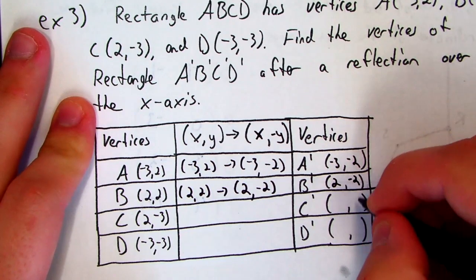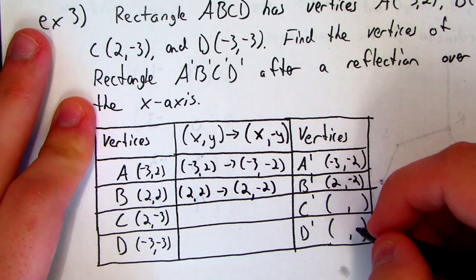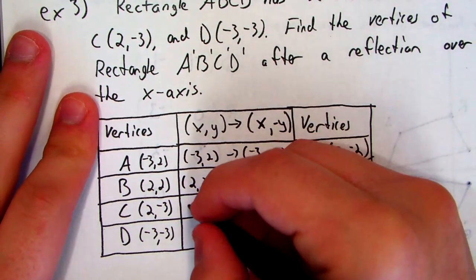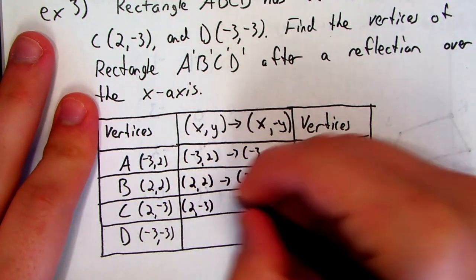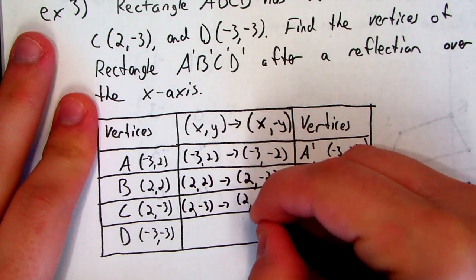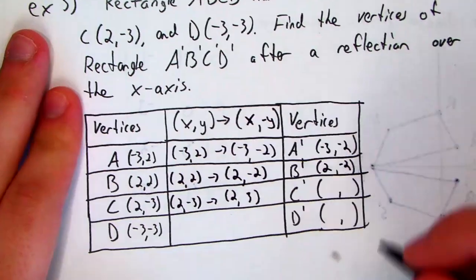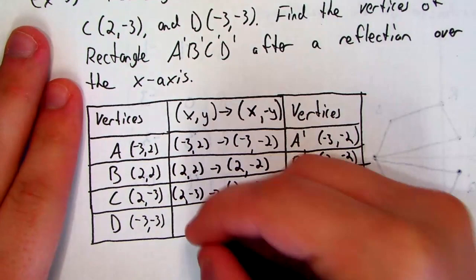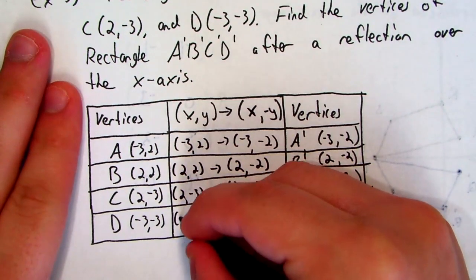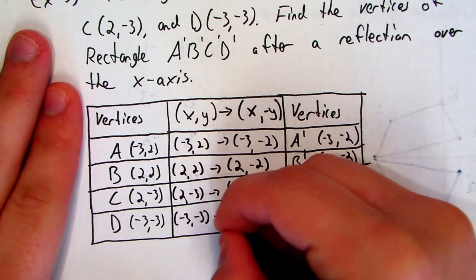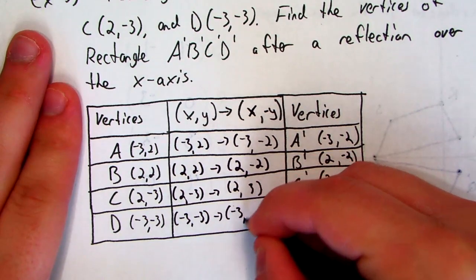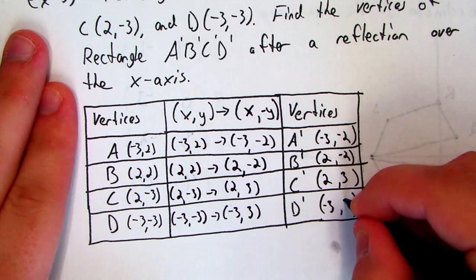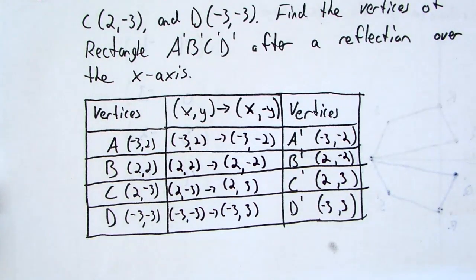So B prime is 2, negative 2. C was at 2, negative 3. That'll become 2, positive 3. So C prime is at 2, 3. And then D was at negative 3, negative 3. And that would become negative 3, positive 3. So D prime is at negative 3, positive 3.